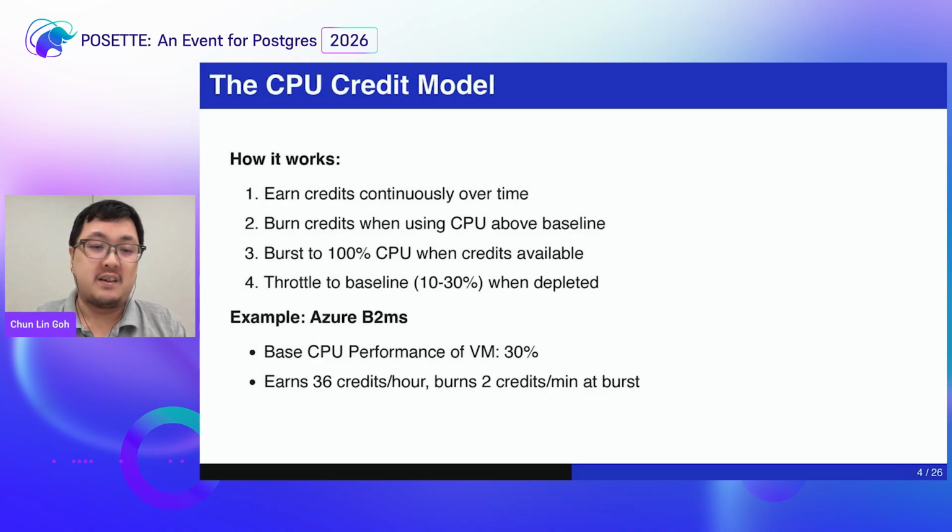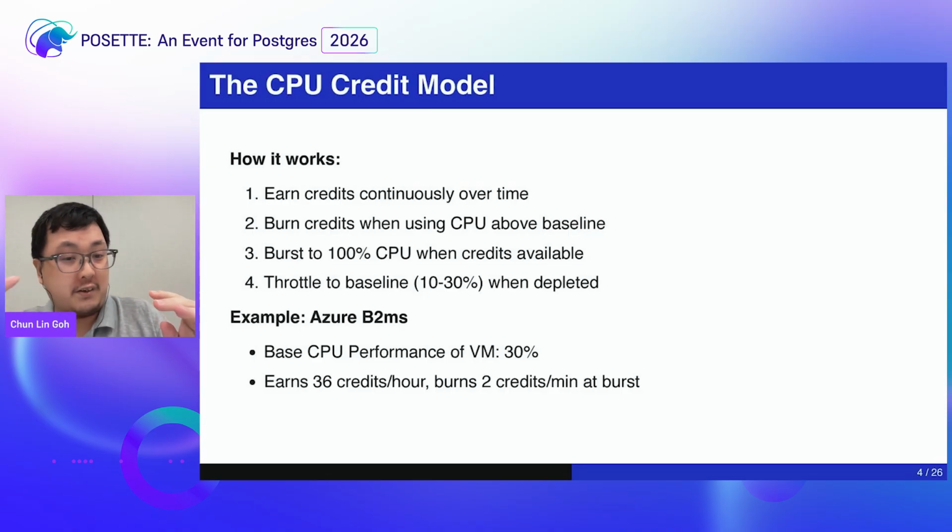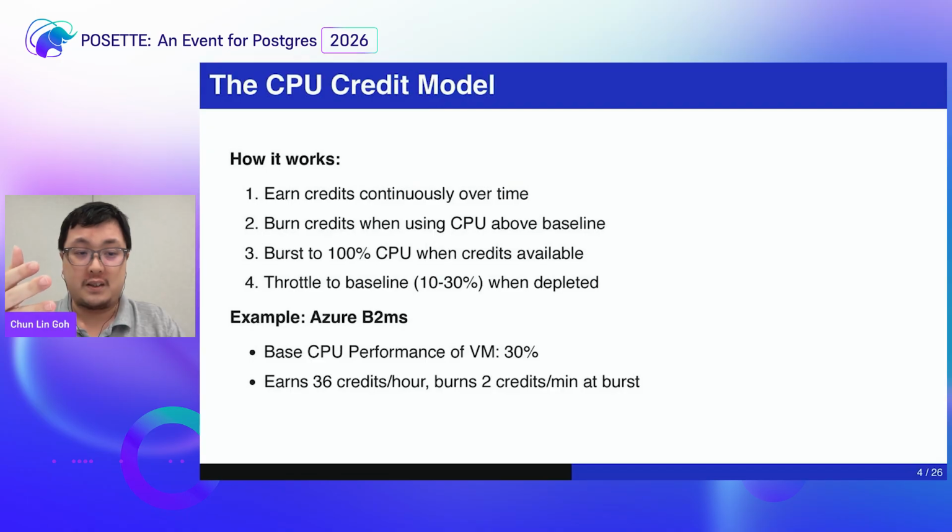So in short, you earn credits continuously over time, whether you are being throttled or you are bursting your CPU. And you burn credits when you are using CPU above the baseline. When there are excess credits available in your savings, you are able to burst to 100% CPU. When depleted, you are throttled to the baseline.